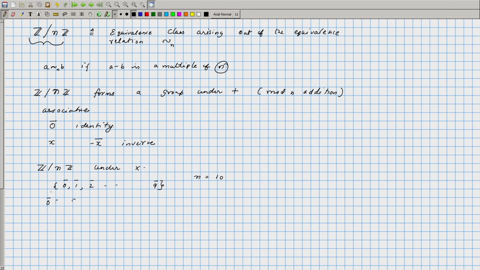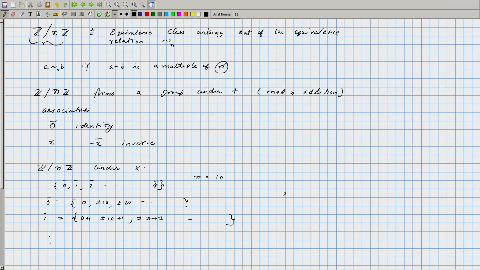So 0 bar is 0, plus or minus 10, plus or minus 20 and so on. 1 bar is 0 plus 1, plus or minus 10 plus 1, plus or minus 20 plus 1, and so on. These are your different equivalence classes.